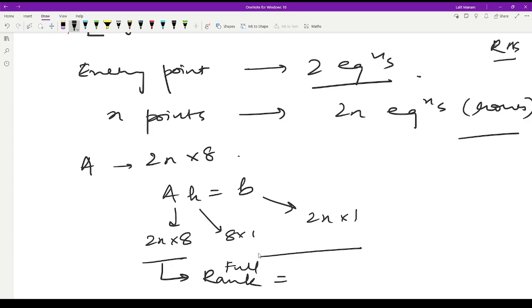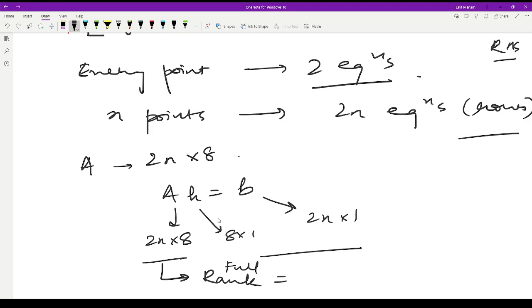Okay, so the minimum is 2n cross 8. How many minimum points do you need? 3? Why 3? 4. Why 4? How many parameters do you need to solve? 8. So for 8 parameters, how many equations do you need at least?